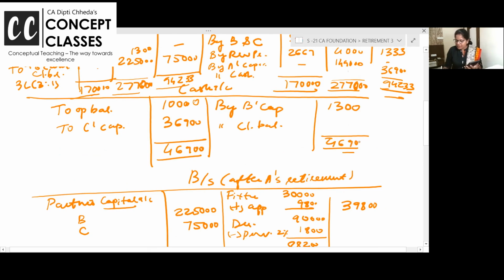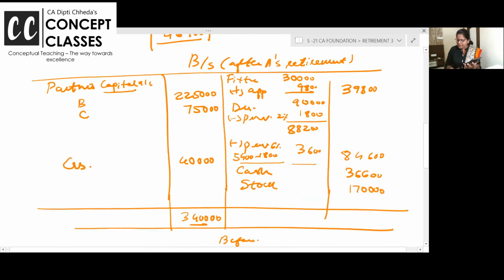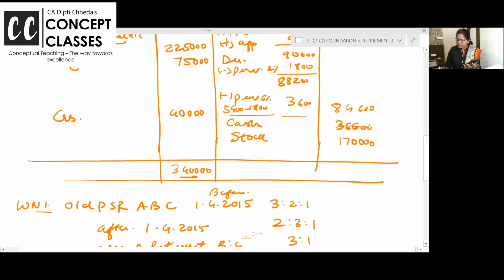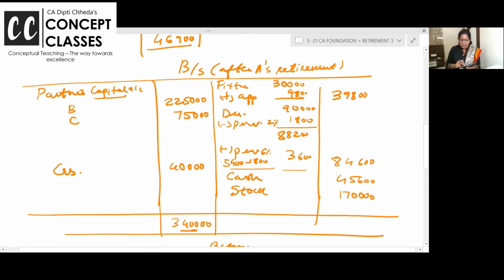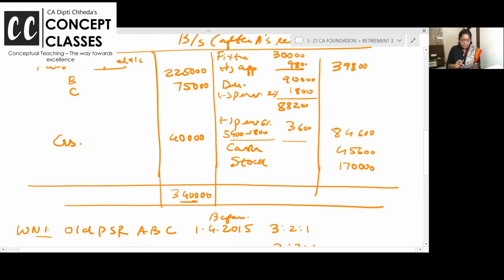See how much difference one zero makes. 46,900 minus 1,300, 45,600 is the cash. 45,600 is the cash, plus 84,600 plus 39,800 plus 1,70,000, 3,40,000. Nice.